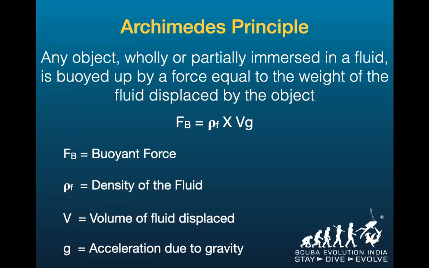The volume of the fluid displaced depends upon the type of body that is in the water. Whether it's a sphere, a ship, for example, which is not a sphere, a cube, or even a human body, which is a completely different shape, and therefore the volume is different.